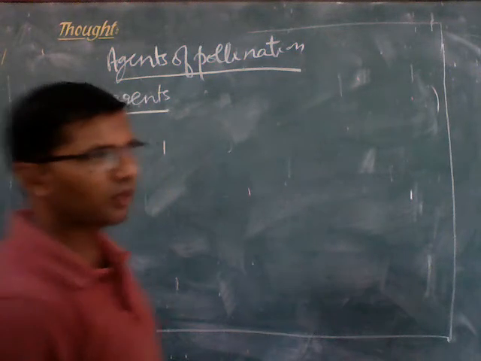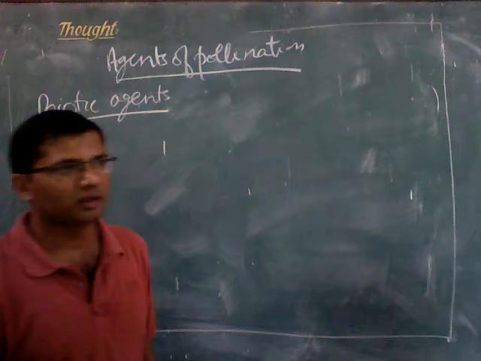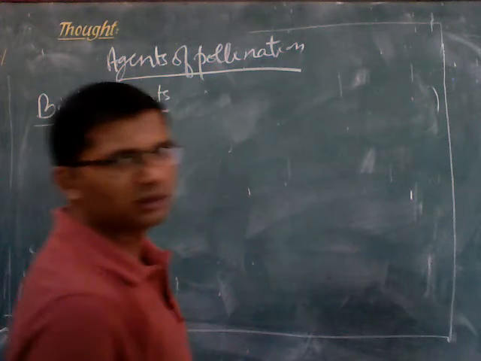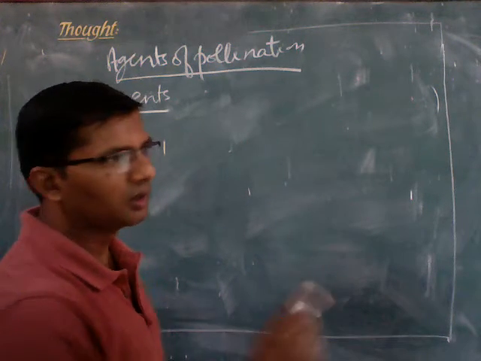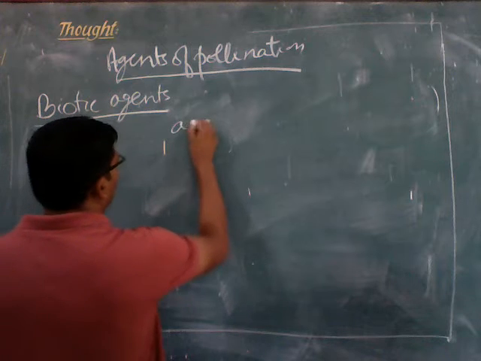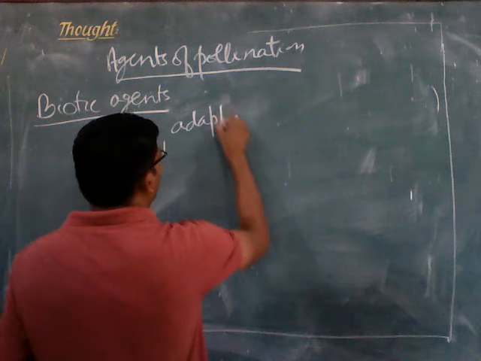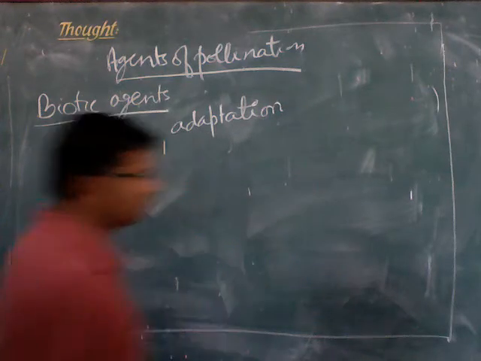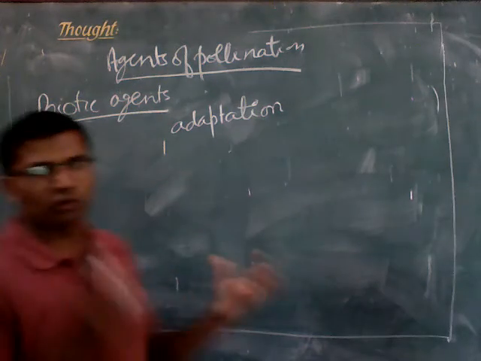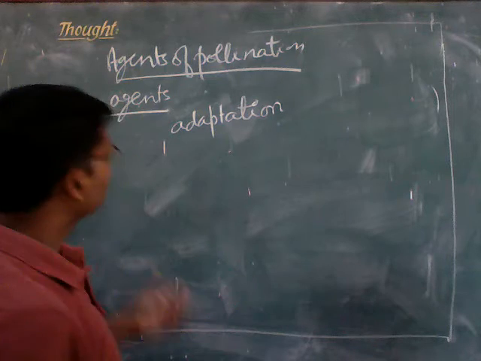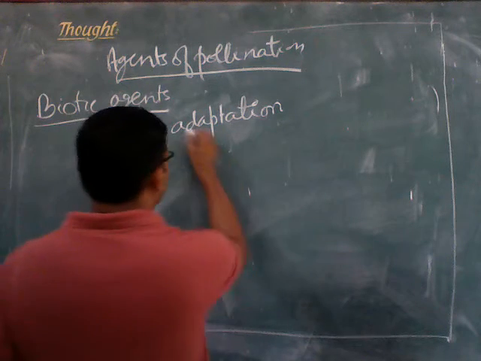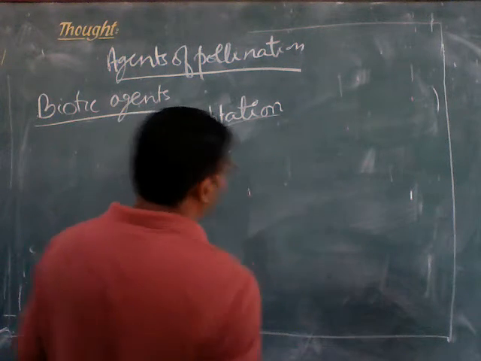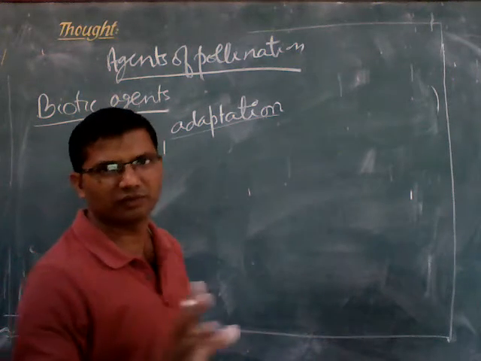So what is the requirement for the pollination? These organisms actually have adaptation. So adaptation is very important. There are many flowers, many species, and there is a one-to-one adaptation. Okay. So many times certain animals or certain organisms are adapted to certain category of the flowers.